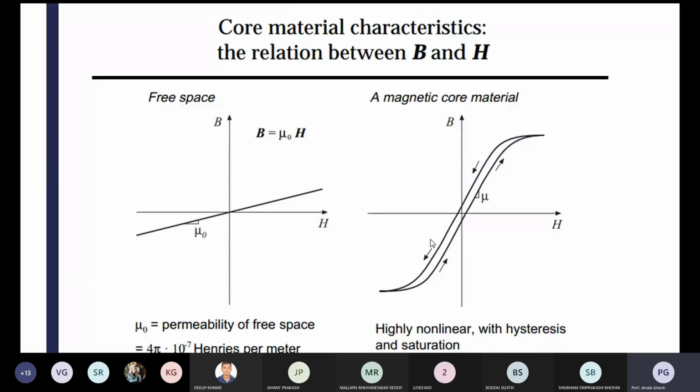It is always maintaining the voltage, but some of the energy is utilized to align the molecular units. That energy is reflected in this way, so that is called hysteresis loss.